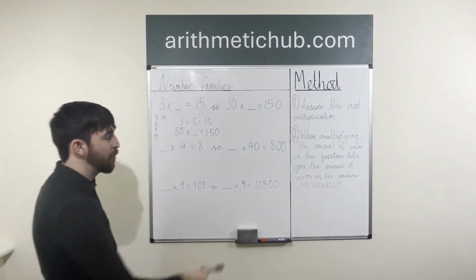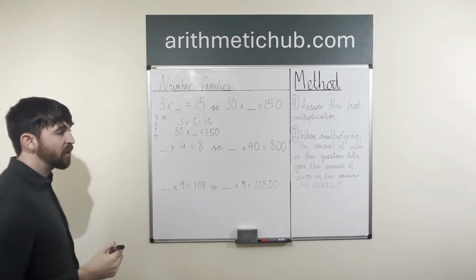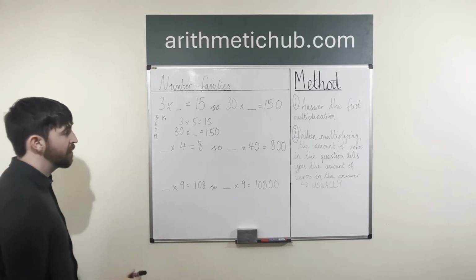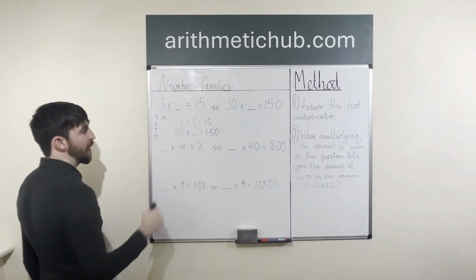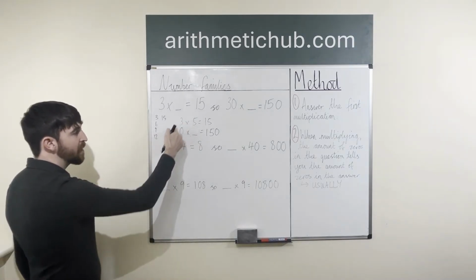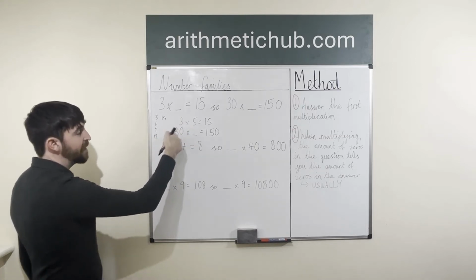Now, this is where it's important to have a look at the second part of this method. When multiplying, the amount of zeros in the question tells you the amount of zeros in the answer, usually. So, here we've gone from 3 to 30. We've multiplied 3 by 10, haven't we? Here 3 was in the ones, and now we've got 3 tens and no ones.